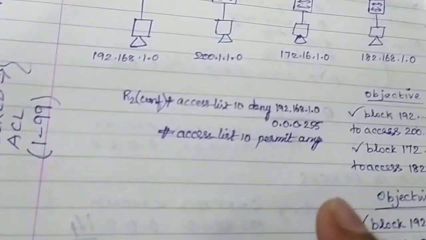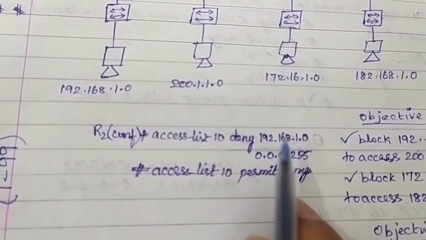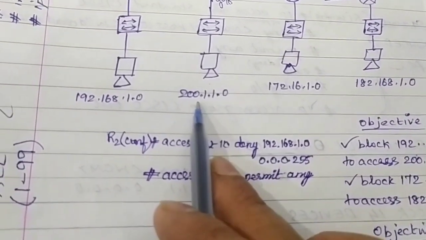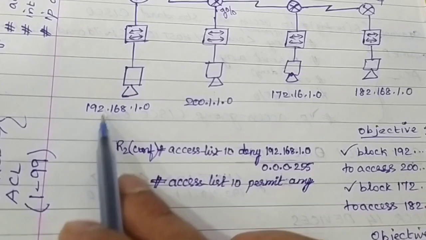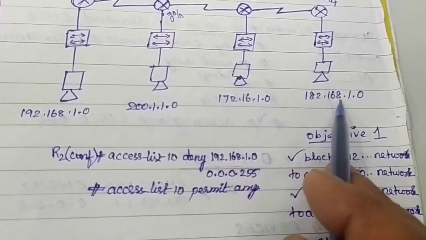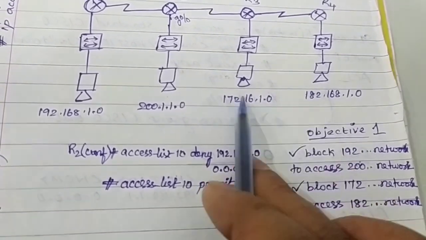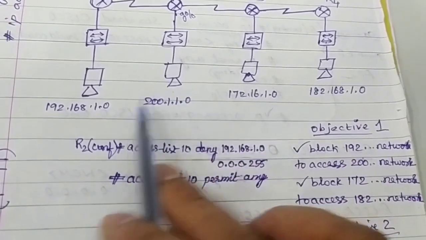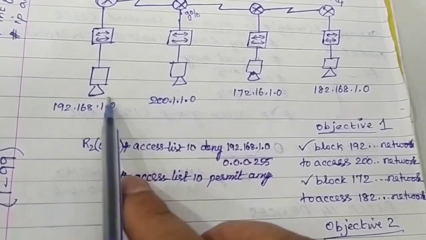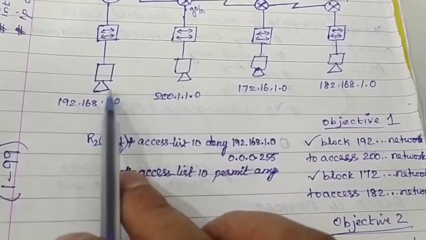So with access-list and deny, I am going to deny this particular network from accessing this one. Other than this network, for example 172.16 and 168, these are all allowed. These are all permitted to access this network. Only this one is denied. Only this one is blocked. Right?